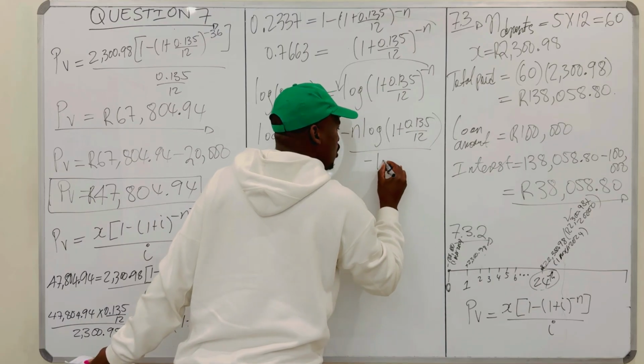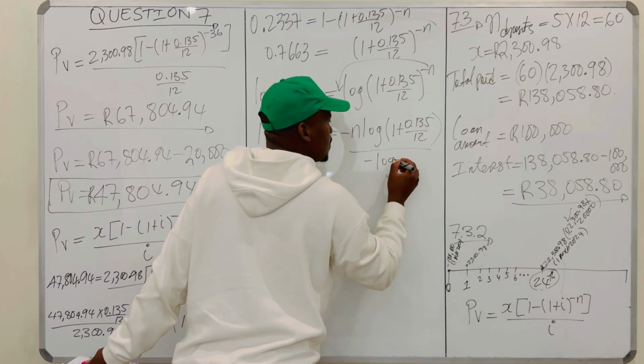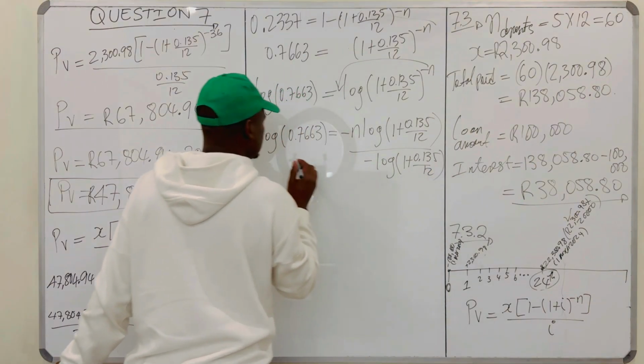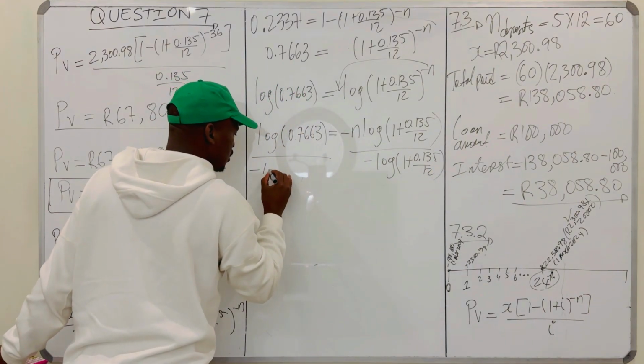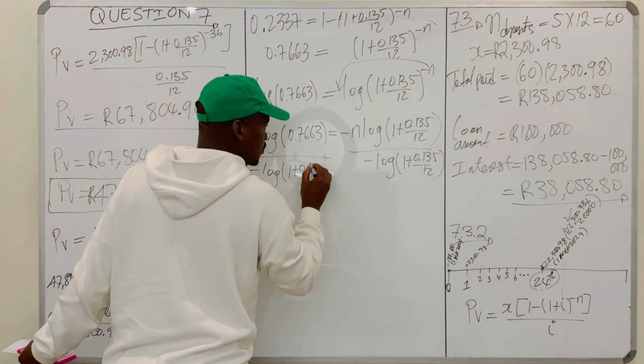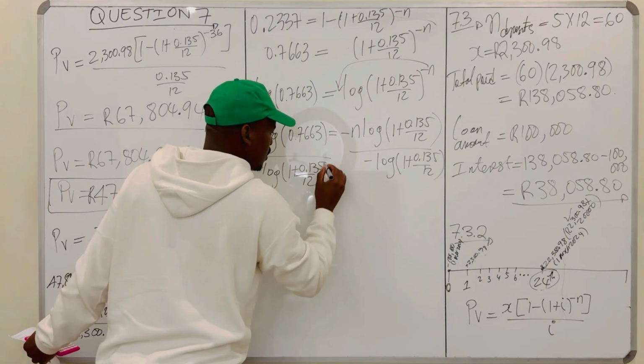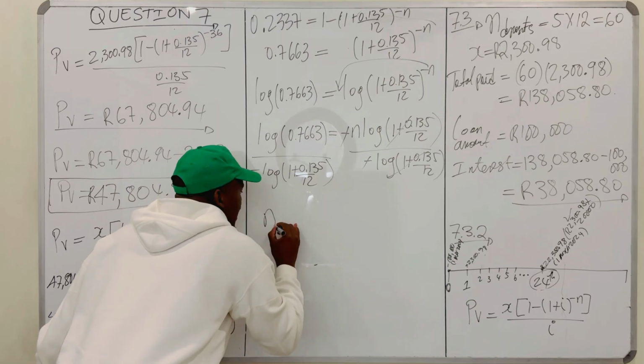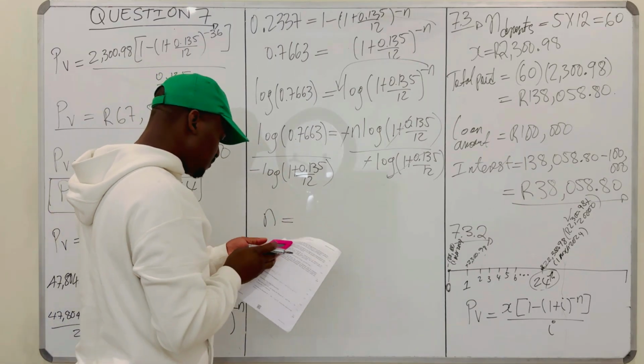Divide by negative log of 1 plus 0.135 over 12. Divide by the same negative log of 1 plus 0.135 over 12. So the negative and the negative go away, and this log and the log go away. We're left with n equal to the answer to that.